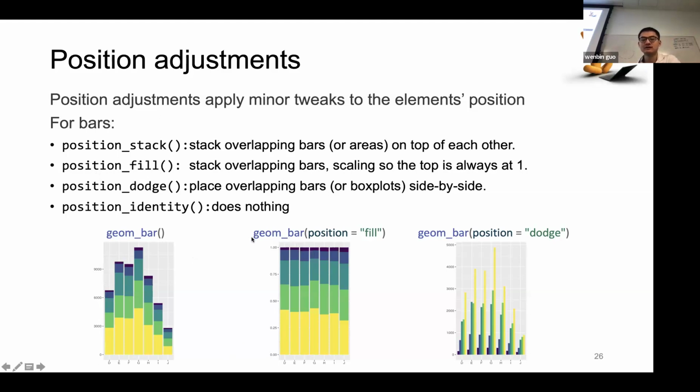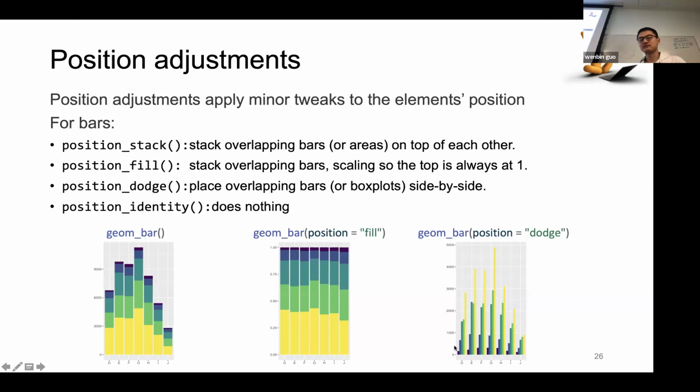So basically, you can say that we can achieve that using the position fill, so that the stacked overlapping bars will be scaled to the same level, usually at 1. And if we use the position dodge, this will put the bars aside each other.